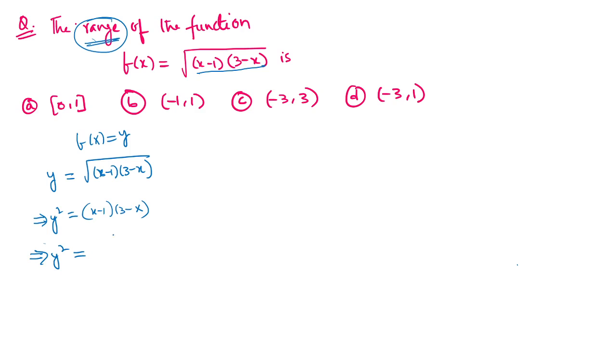If you multiply, we will get a quadratic equation, minus x square, and then 3x plus x, so this will be 4x, and then minus of 3.